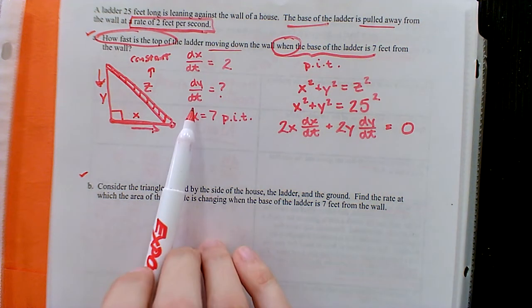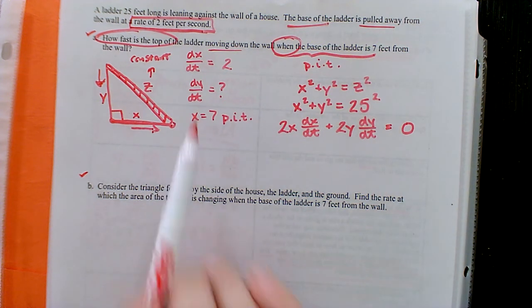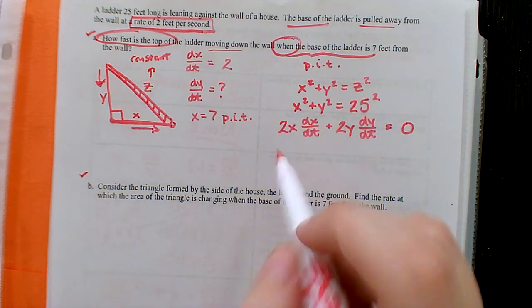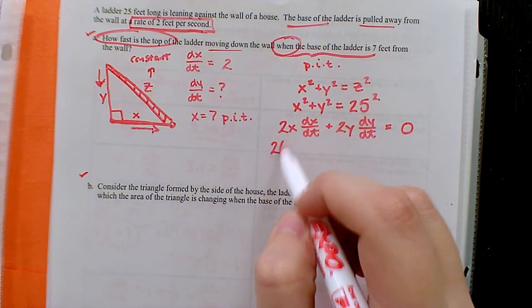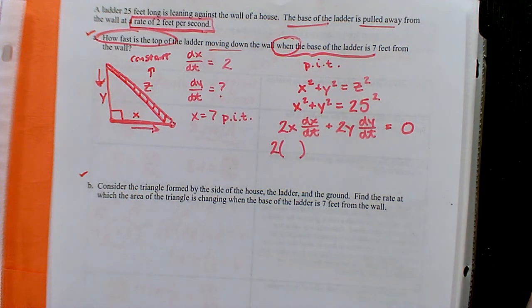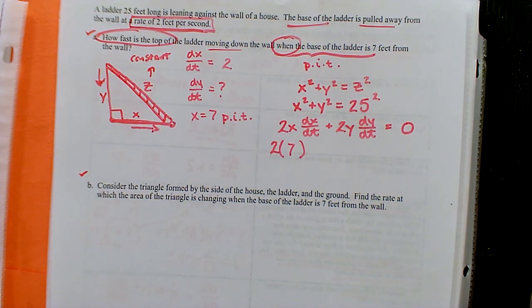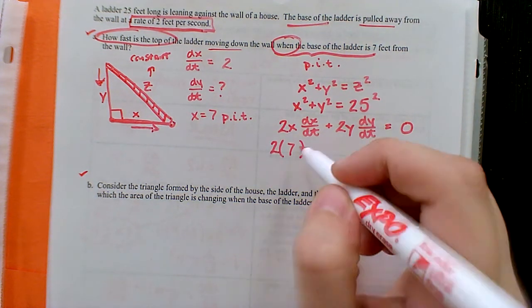Alright, so we're trying to figure out dy over dt, which means we should be able to plug in some numbered value for every other variable or symbol. Do we know an x value for this point in time, this snapshot moment? Yep, that was 7. Do we know the rate at which the x is changing at this moment in time?